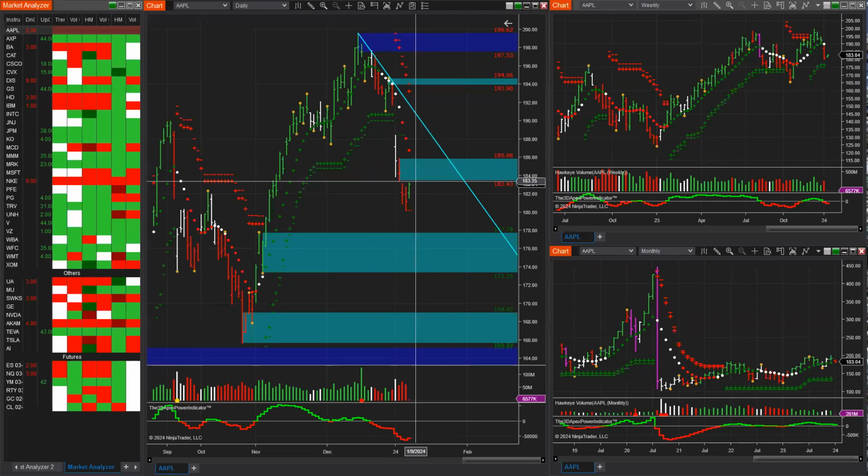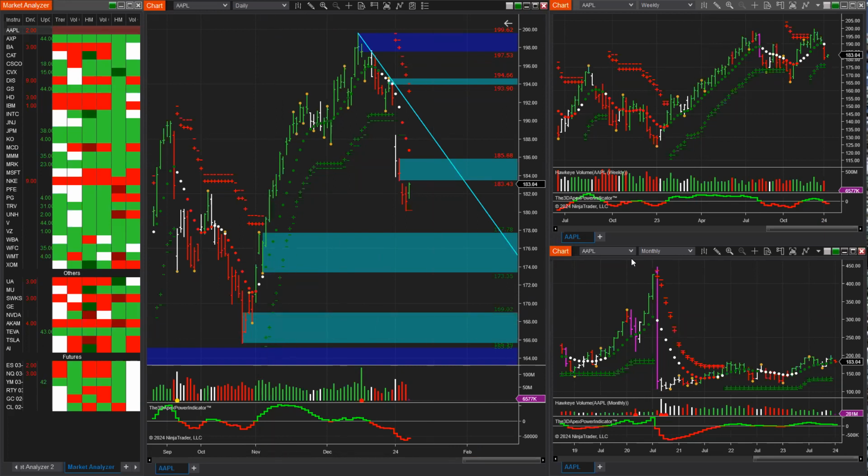So that would put us, based upon where it's coming from, above 185, 187, closing the gap potentially back up to 195. 193 would be the target. But it's already established a new resistance area. So it could easily come back up to this level, fail, and then continue back down to the 177 range, because it can still go all the way back down here and still be within normal parameters.